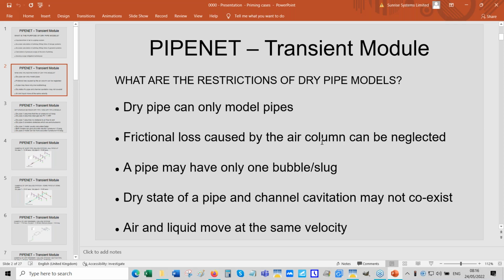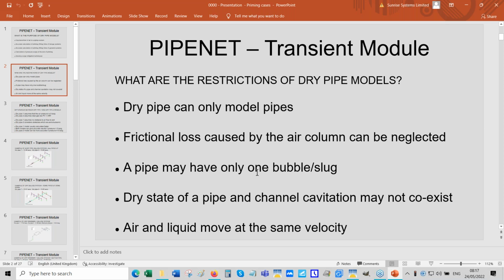So if you consider a deluge system, the air will move at the same speed as the water. So it'll have a much lower velocity. And as you know, velocity is the main component in the friction loss. So we can assume quite rightly that the friction loss in the air column can be neglected. That's an assumption made in the model.